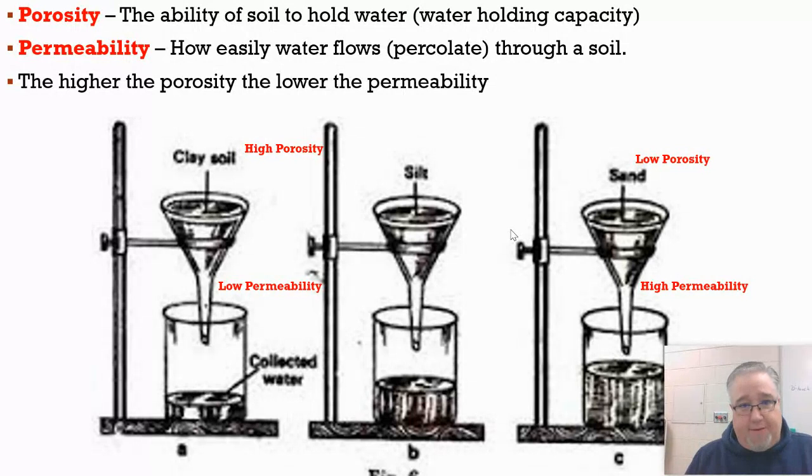So one thing I want you to understand from this is that these two terms are kind of opposite of each other a little bit. If a soil has a high porosity, it's going to have a lower permeability. If a soil has a low porosity, it's going to have a higher permeability.